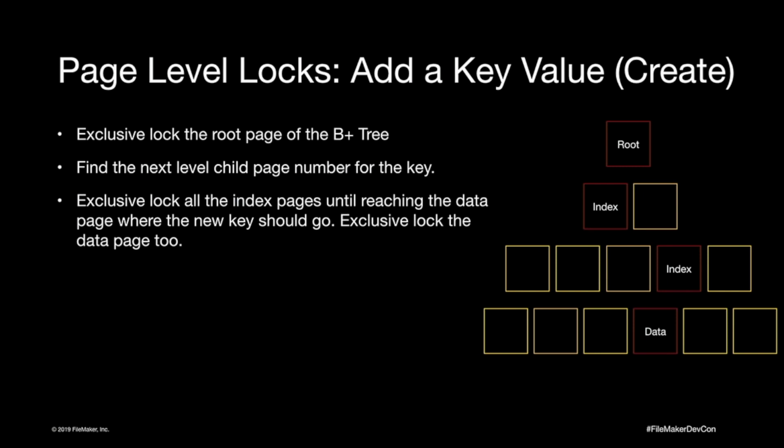But now, unlike before, you cannot release the lock on the current index page. What is the reason for that? The reason is that potentially when you reach a data page and you try to add a key value pair, the page might be full and you might actually need to split the page. So in that case, you actually have to add an index entry in the parent index page.